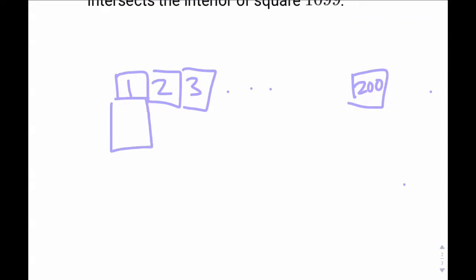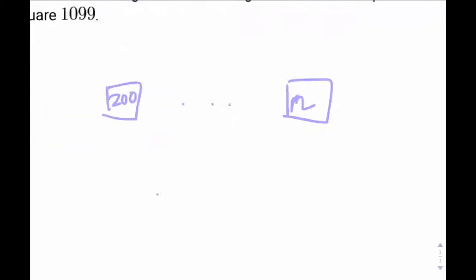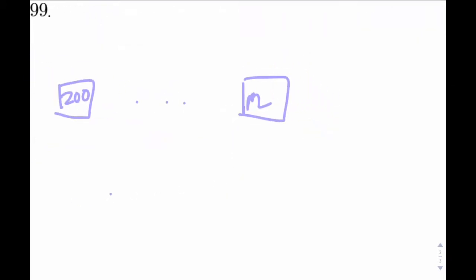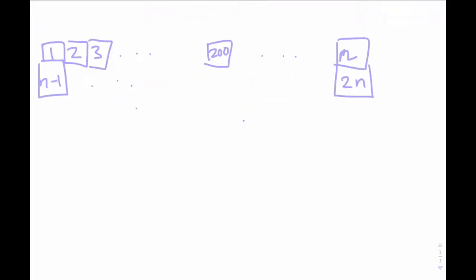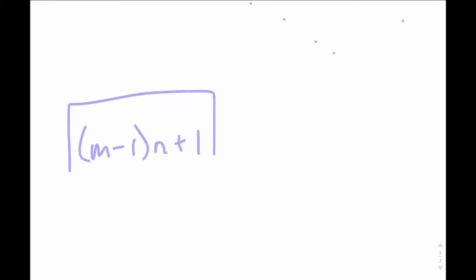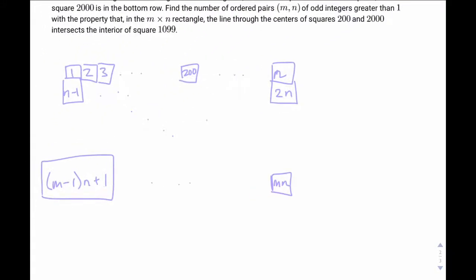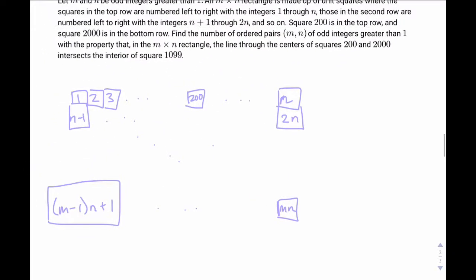Below here we have n plus 1, 2n, and this keeps going until, in this box, we have m minus 1 times n plus 1, all the way up to mn, where m is the number of rows that we have.